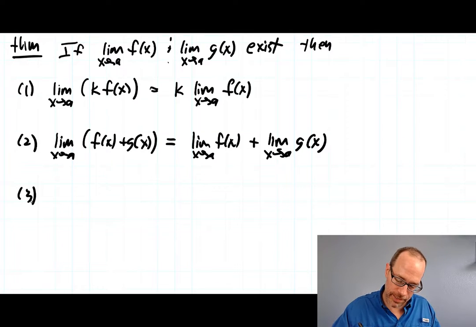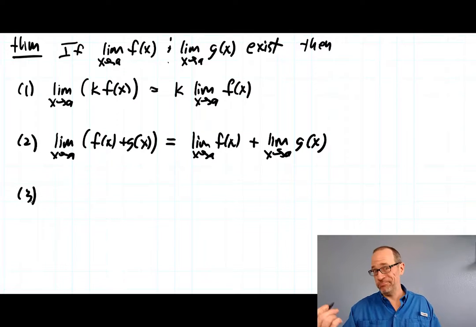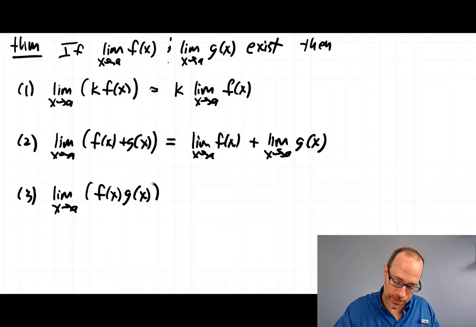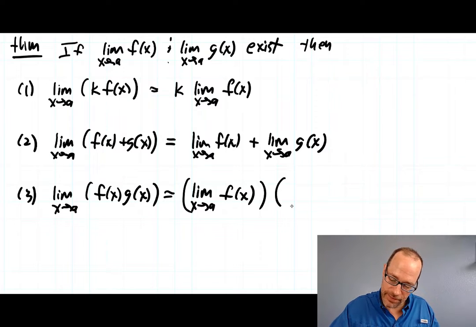The third one is the limit of a product is the product of the limits. So if you want to see what f of x times g of x is getting close to, then figure out what f is getting close to and multiply that by what g is getting close to.